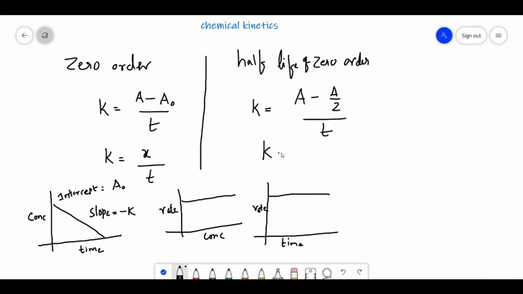So you get K is equal to a by 2t, and this t is generally half, so it is taken as t half. Or you can also write t half is equal to a by 2K. So these are some relations for zero order reaction, and problems may not be asked in this zero order reaction, but try to remember these equations, the graphs and the related equations in the zero order.